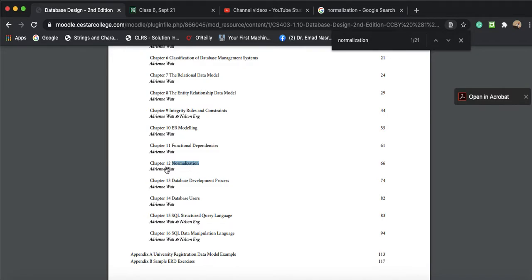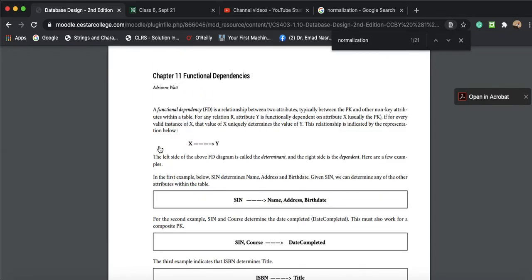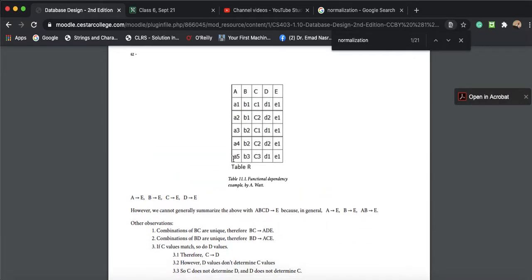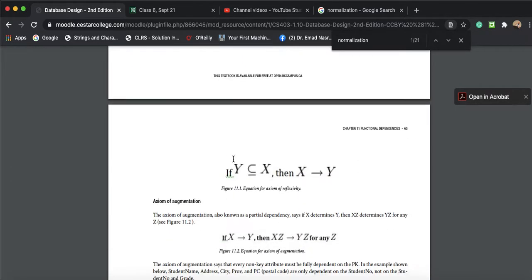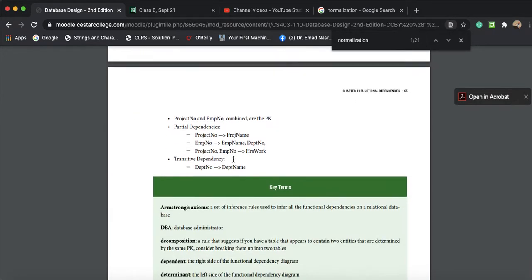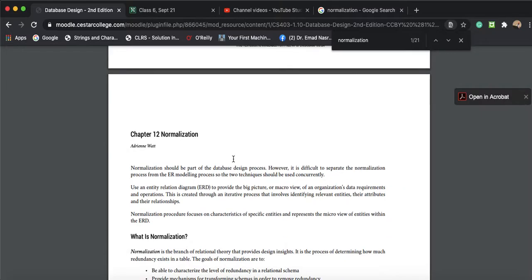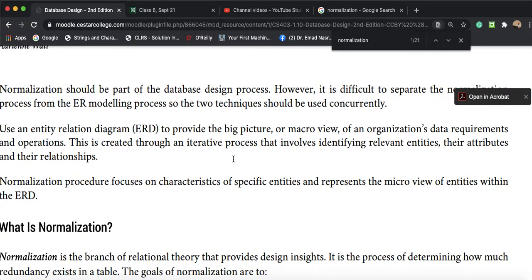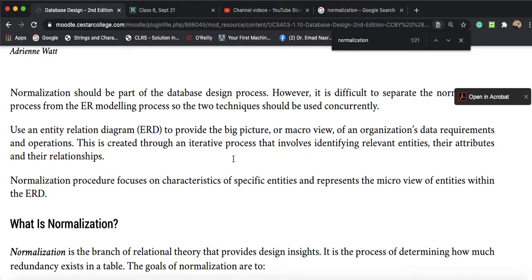Chapter 12 is about normalization. Chapter 11 is about functional dependencies. Let's look at this, what I opened on the web. It's from your book. Exactly from your book. And chapter 12 in your book is about the normalization.